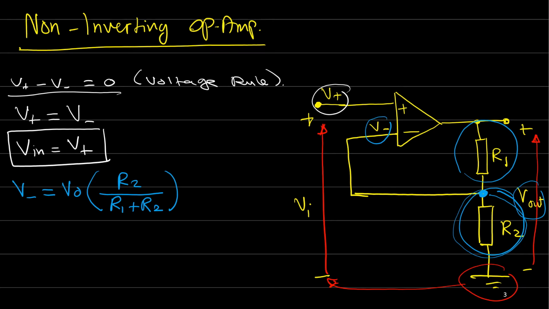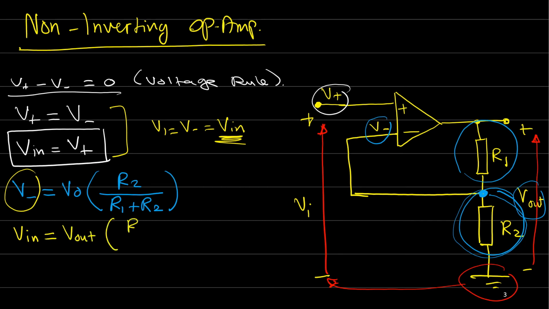And because V plus from here is equal to V minus, and V plus also equals Vin, we can replace this V minus with Vin, right? So we can say that Vin equals V out times R2 over R1 plus R2, right? Now we have an equation with V out and Vin.